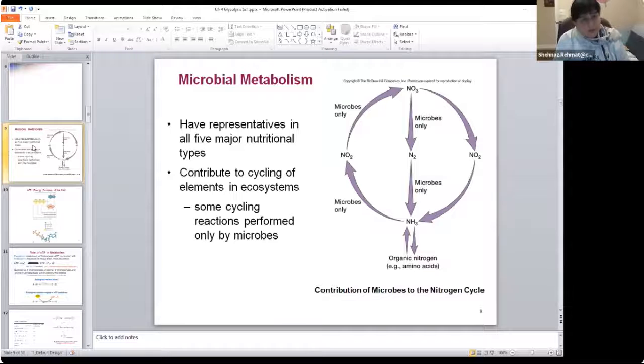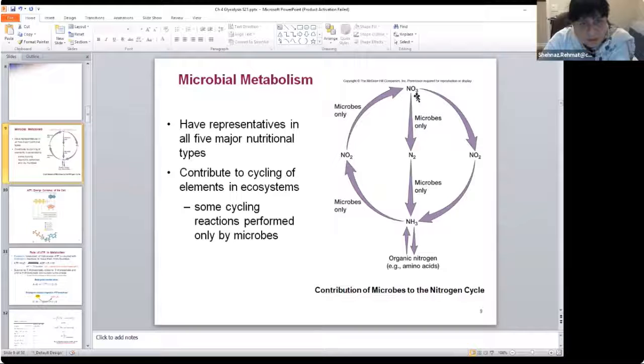Okay, so we talk about microbial metabolism, and since we have looked at the 5 major nutritional types, a lot of this is recycling in nature, and we are just showing the nitrogen cycle here.